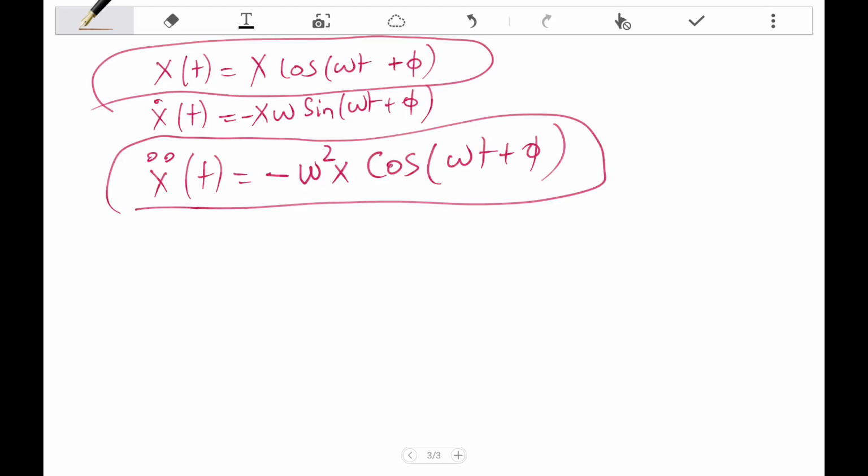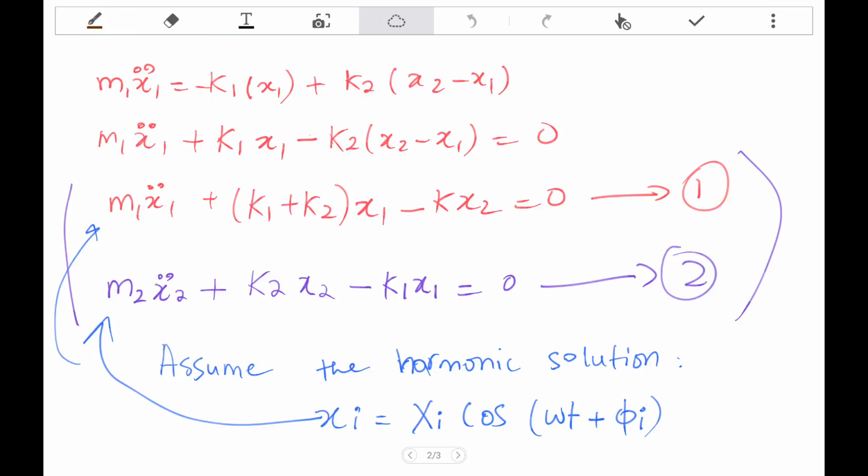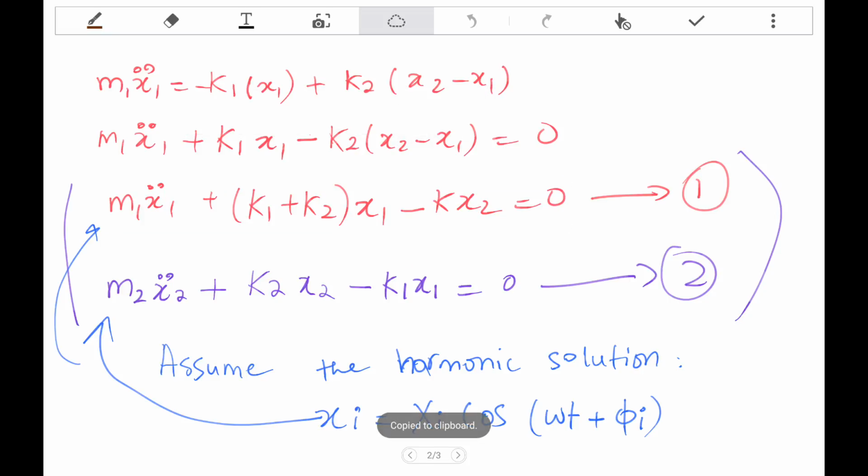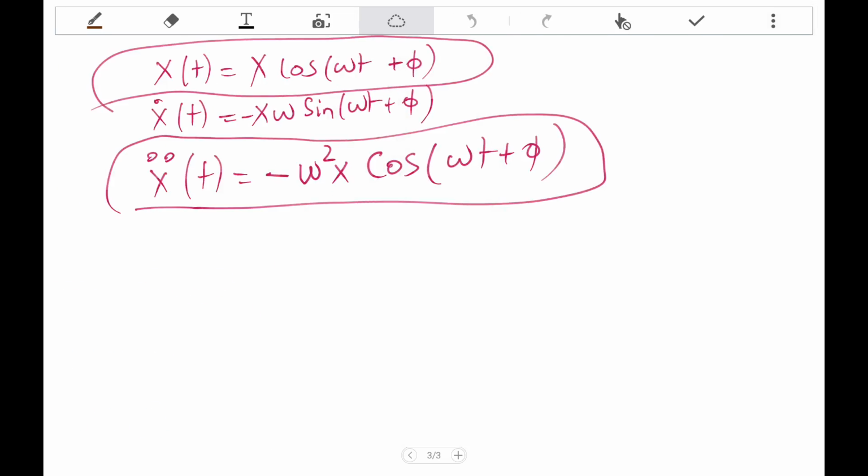And that's exactly what we're going to do. So right here, the first equation of motion, I'm going to copy and paste it here.